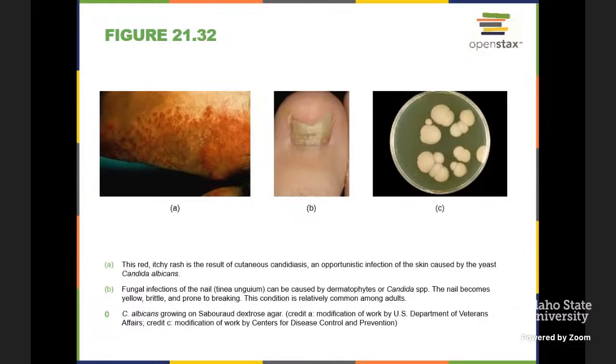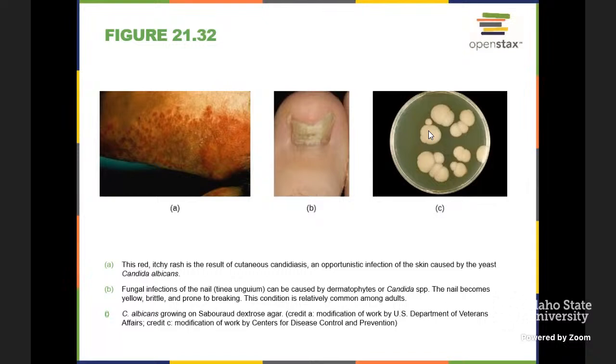So this next image, another Sabouraud plate shifting over to frame C. Candida albicans are yeasts. And so these yeast cells growing on this plate look very different than that Trichophyton that we looked at initially, all right? Kind of a little more bacterial-like sort of colonies, all right, as you look at them.